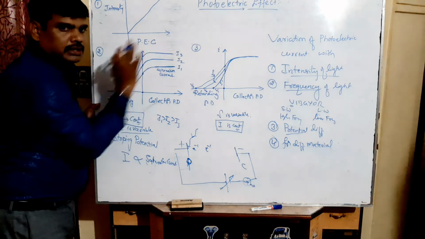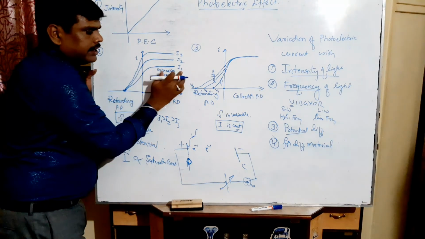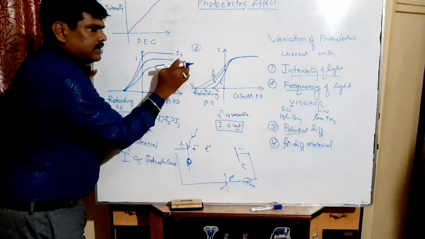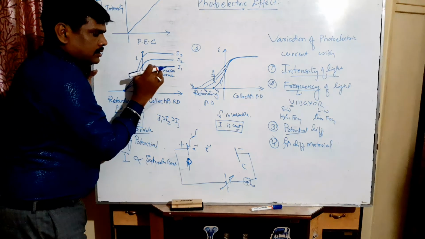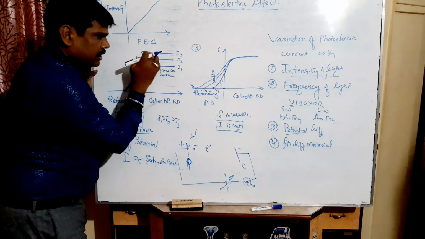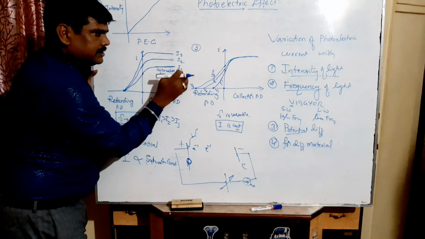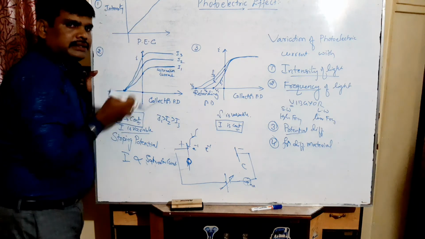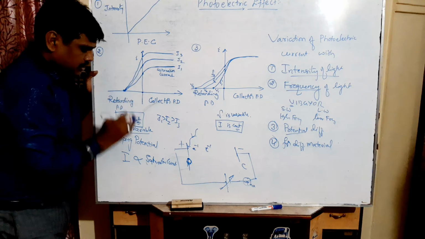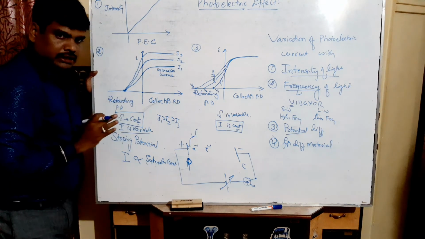For intensity I1, this is the saturation current. When intensity increases, the saturation current also increases. From here to here is the saturation current; this is the second saturation current; this is the third. If intensity increases, saturation current also increases. But the stopping potential is independent of it.